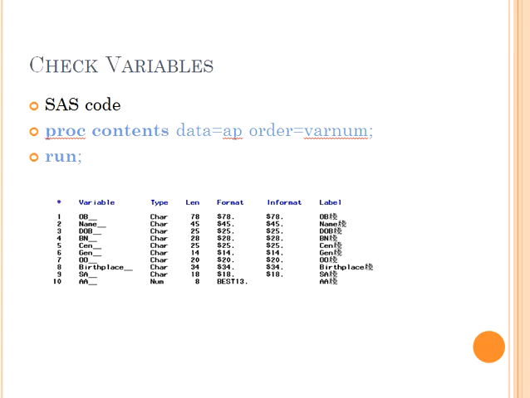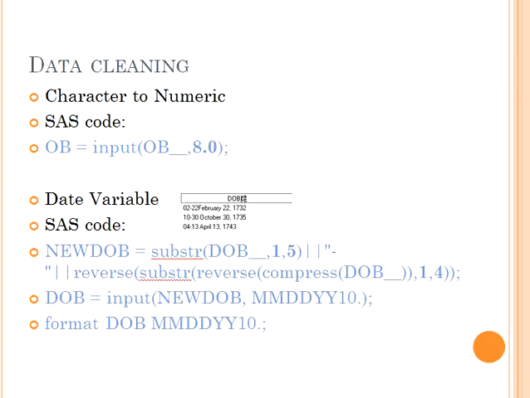I checked these variables using proc contents, and we can see that some variables have wrong types, some have weird names, and even weirder labels. So we need to clean this data set.